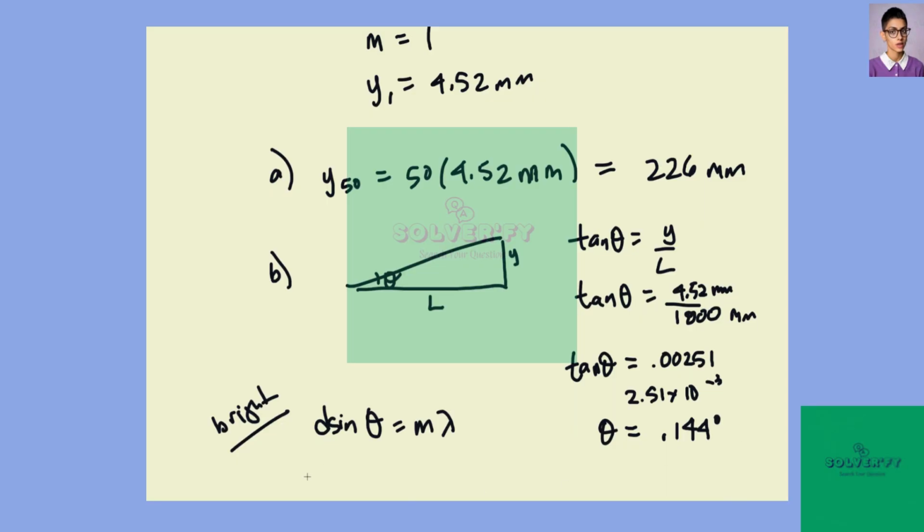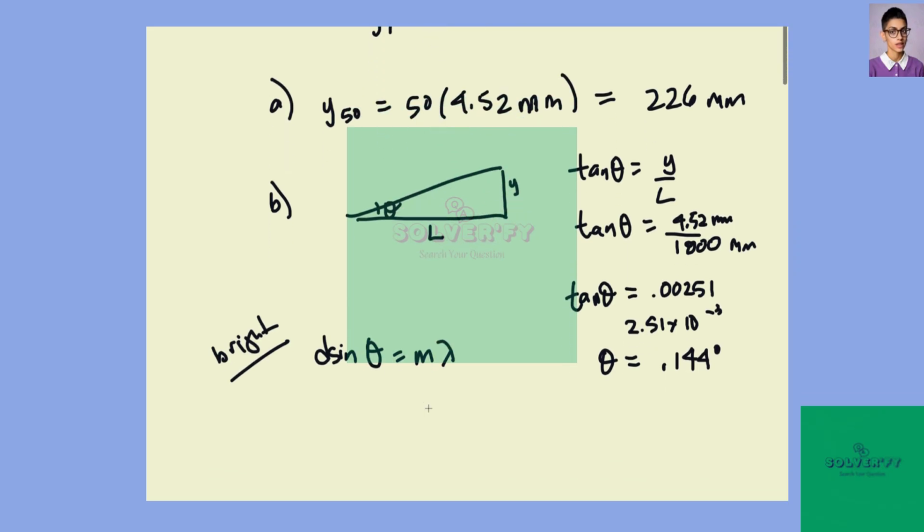So now we want to find the wavelength of this light using this equation. We can plug in our d. Our d is 2.4 times 10 to the negative 4 meters times the sine of the angle, and that's equal to 1 times the wavelength, because this is for the first bright spot.